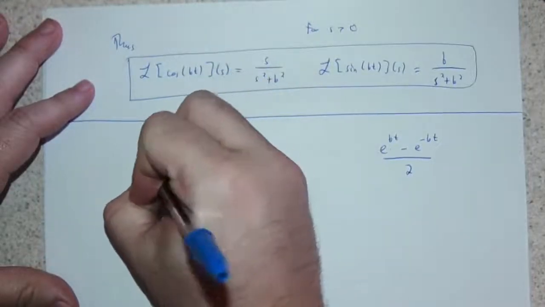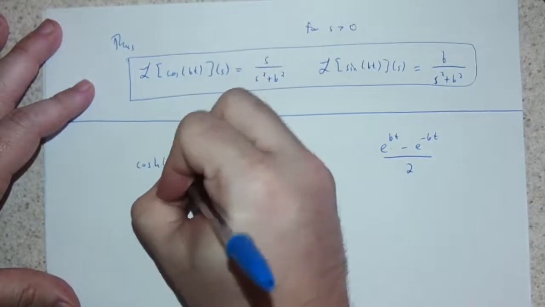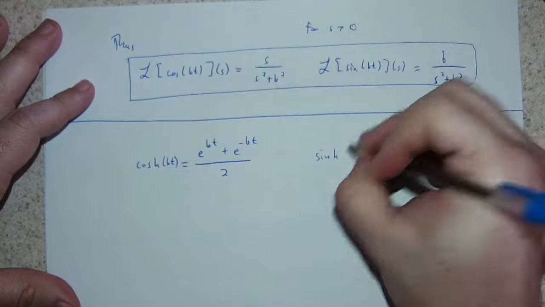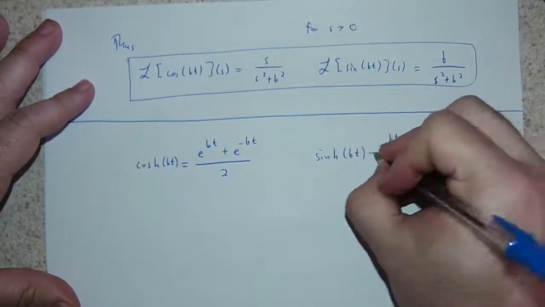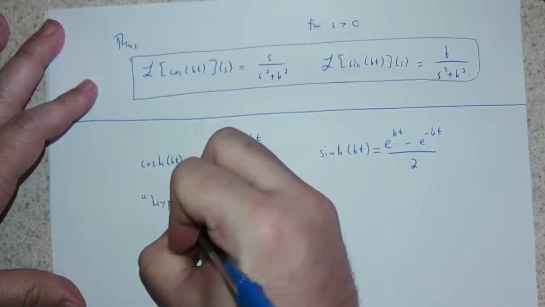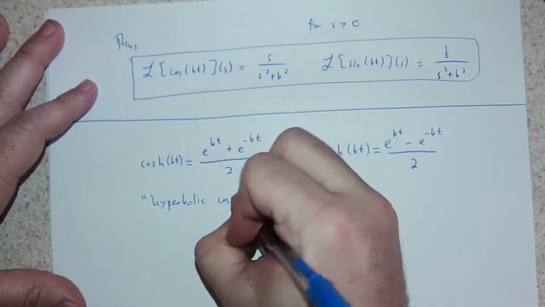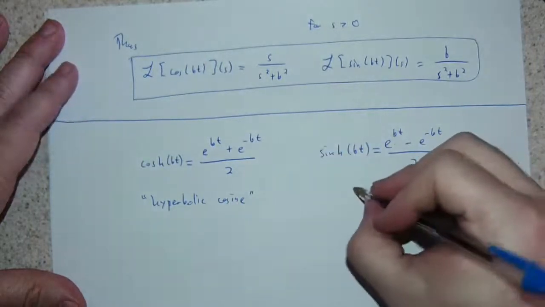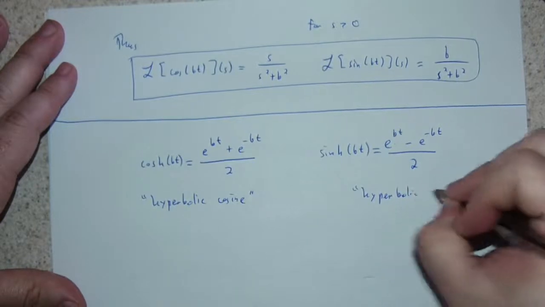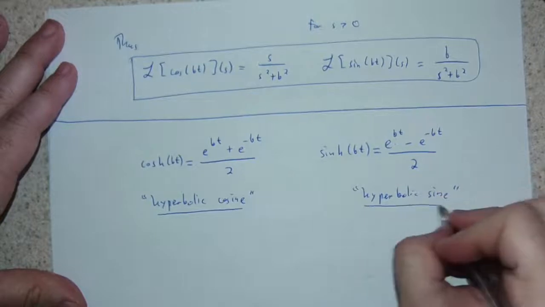Hyperbolic cosine, or cosh. So this is cosh of bt. And this is sinh of bt. So this is hyperbolic cosine, like I said, called cosh. And this is hyperbolic sine. These are examples of what are called hyperbolic trig functions.